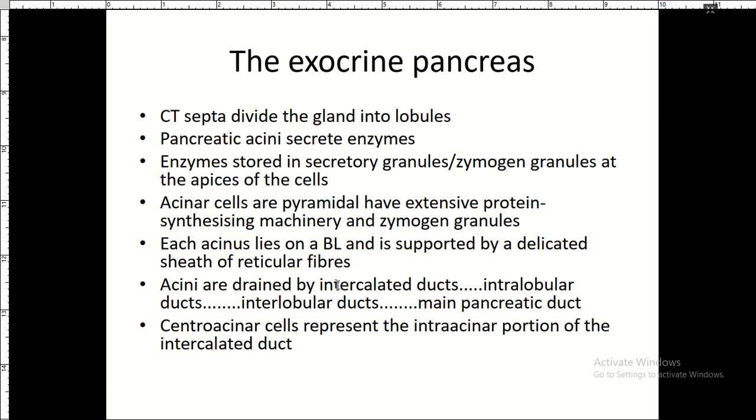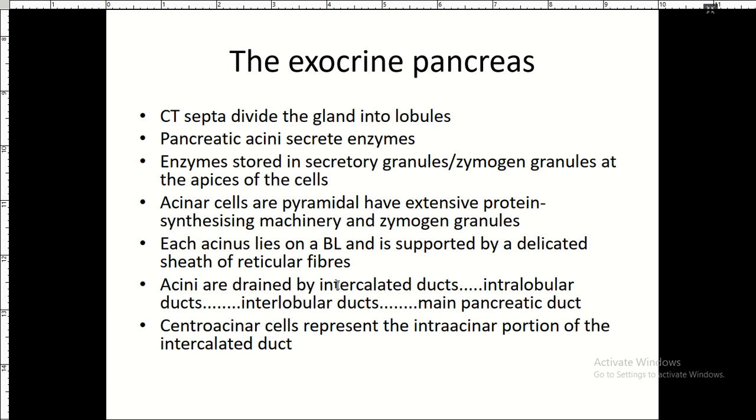Let's take a look at the flow of these digestive enzymes. So an acinus is going to drain into what you call an intercalated duct. An intercalated duct would drain itself into an intralobular duct. From the intralobular duct, interlobular duct, and then from the interlobular duct, you have the main pancreatic duct.